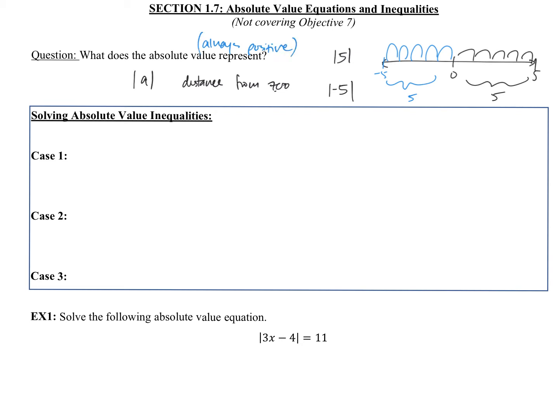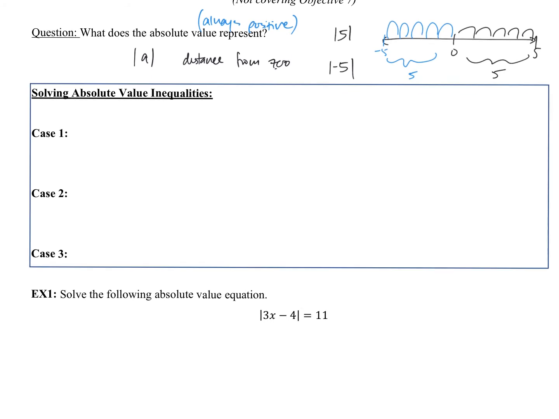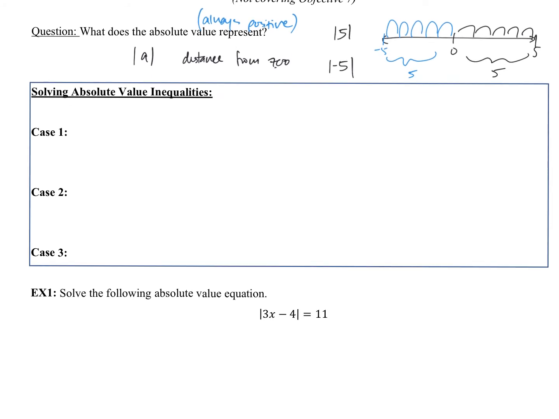Okay, so solving absolute value inequalities, we have a few different cases on what they look like. If we have the absolute value of a is equal to some number n, then we can split it into two options. When we're rewriting the absolute values, we want to rewrite it so we no longer have the absolute values.